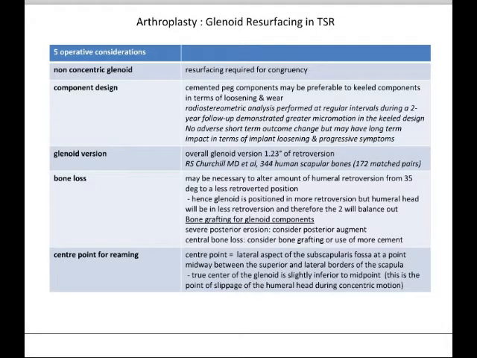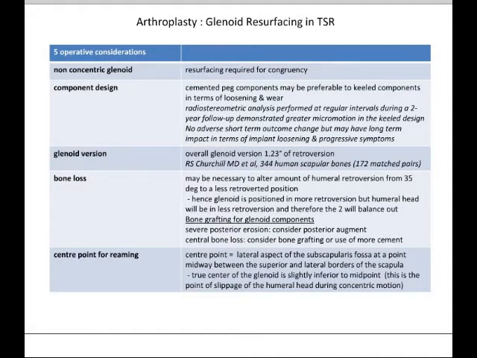There have been recent studies that look, with stereometric analysis, at micromotion, comparing the peg glenoid and the keeled component. And the cemented peg components seem to have less micromotion and lower loosening rates, but that's still being evaluated.